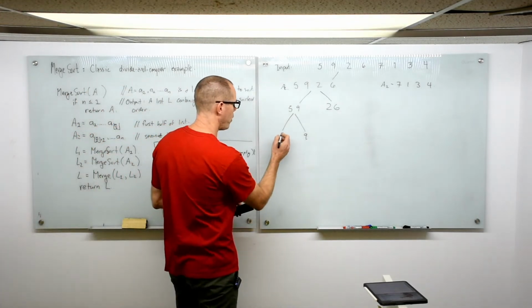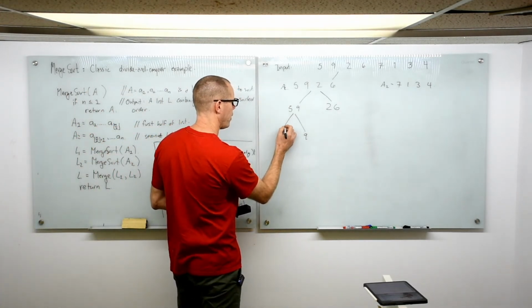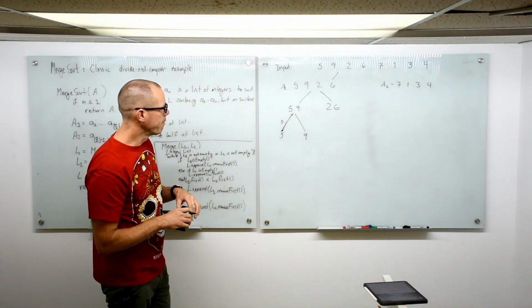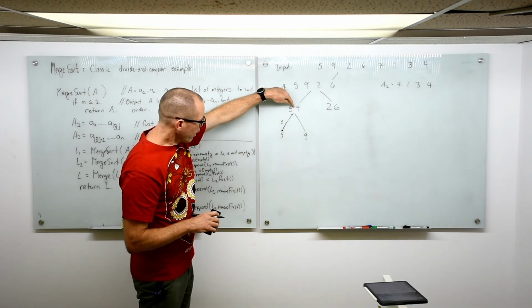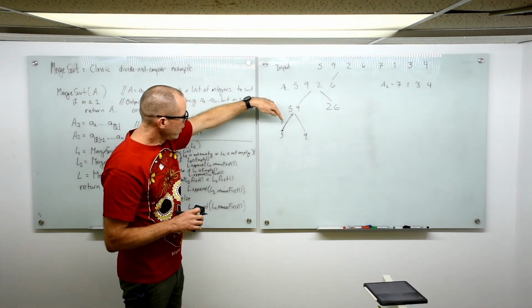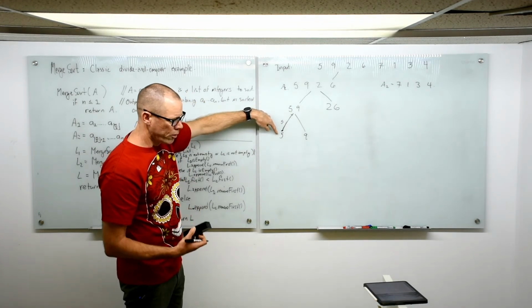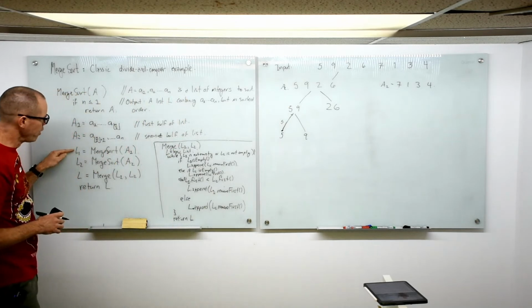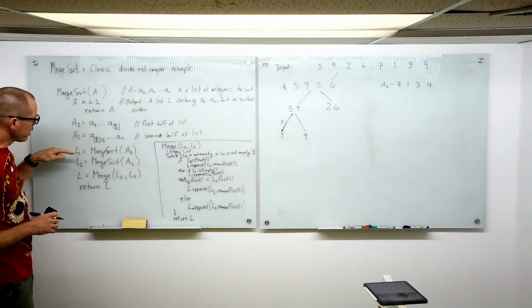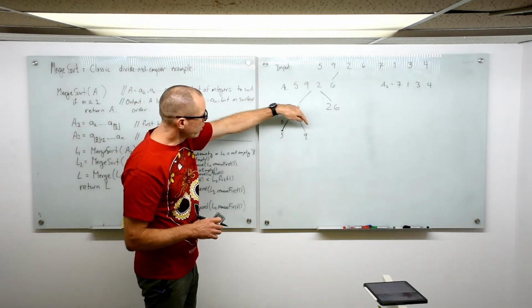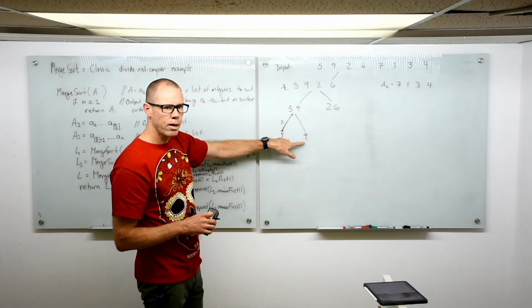So what returns from here is just the list containing 5. Now, in this recursive call, we have just recursively called merge sort to sort the first half of the list. That's this line of code. Now we're going to call it to sort the second half of the list.